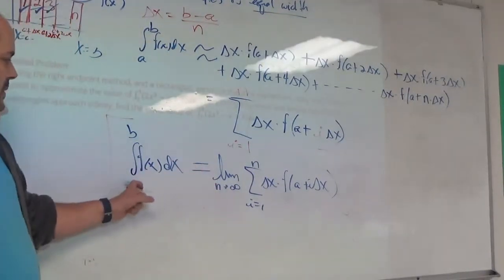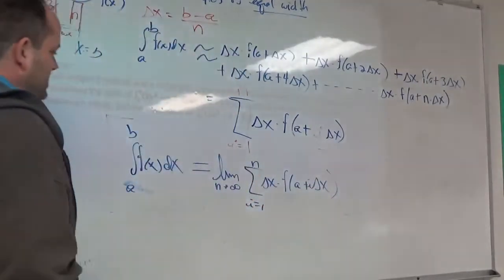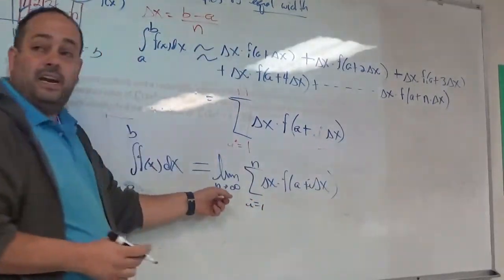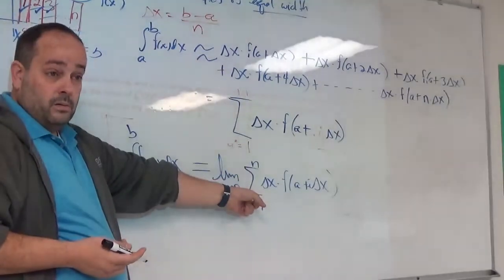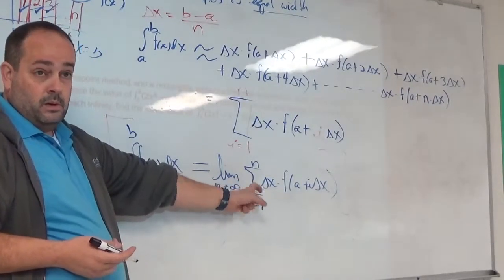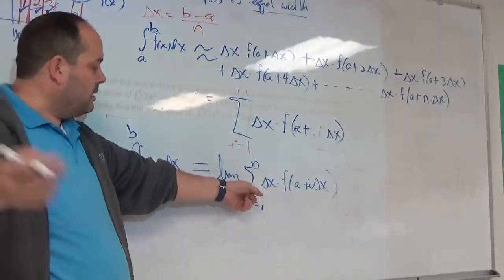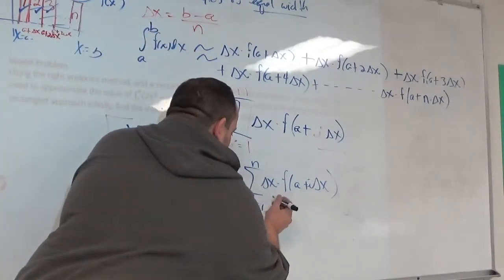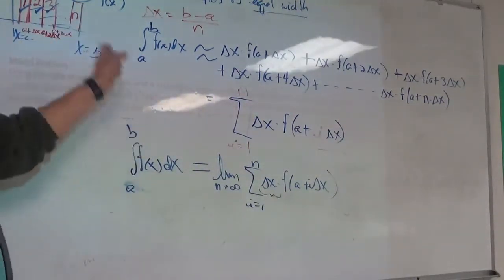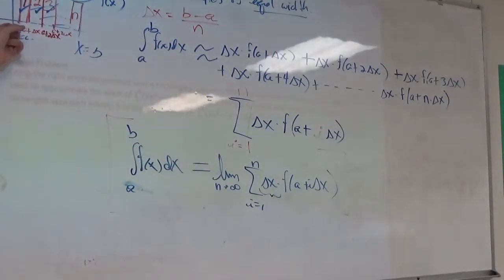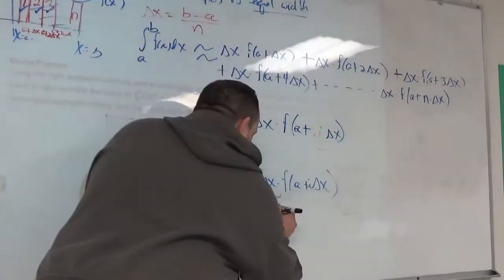But I really want to make sure that we connect all these pieces. The limit as n approaches infinity is like getting an infinite number of rectangles. What's the sigma there for? To add. The delta x, what is that? Constant. It's constant, but what is it in the area? It's the width.